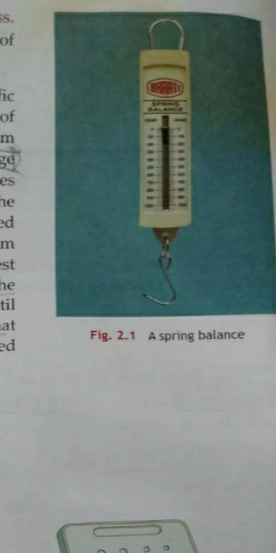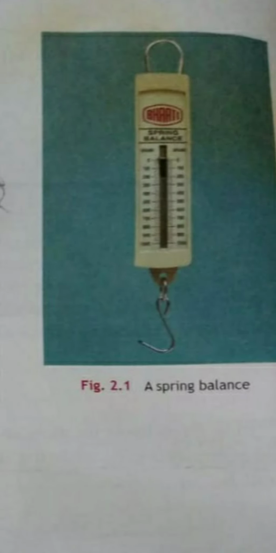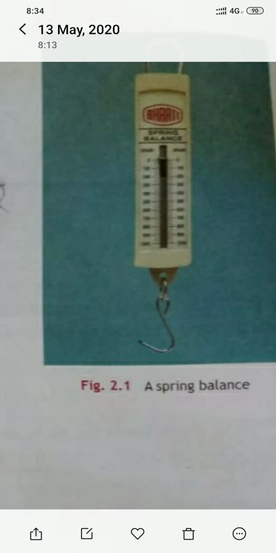So you can see initially, the first mark on the scale, the topmost one, is the lowest marking, and then as the pointer comes down, the scaling is increasing. That means for the lighter things the spring will be up, and as you go down, the mass is increasing.